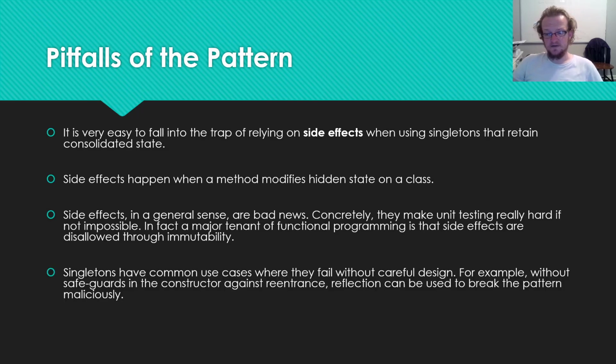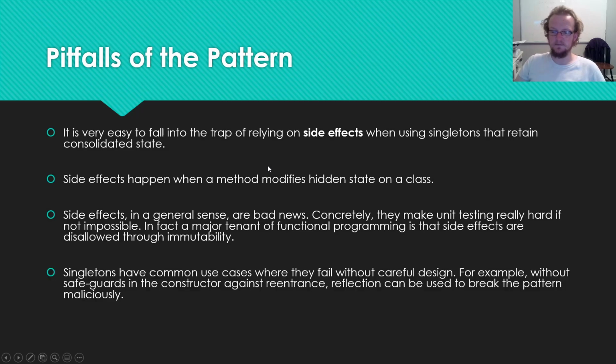They also have a ton of common use cases where, if you're not extremely sure of what you're doing, and if you haven't done fairly extensive testing on your implementation, bad stuff can happen to you. I use this word reentrance.